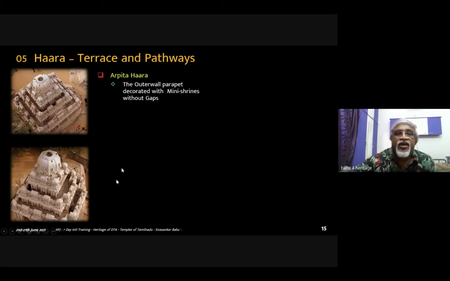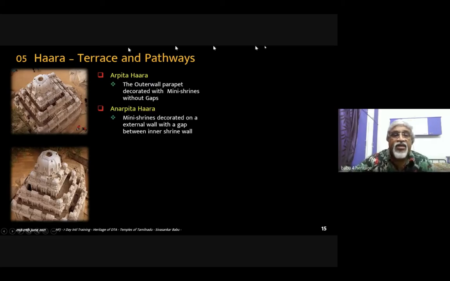So when the outer wall with the mini shrines has no gap and is flush with the inner wall, this is called Arpita Hara. When there is a gap, with the external wall separate and the inner shrine wall separate, and we have a pathway in between, it is called Anarpita Hara.